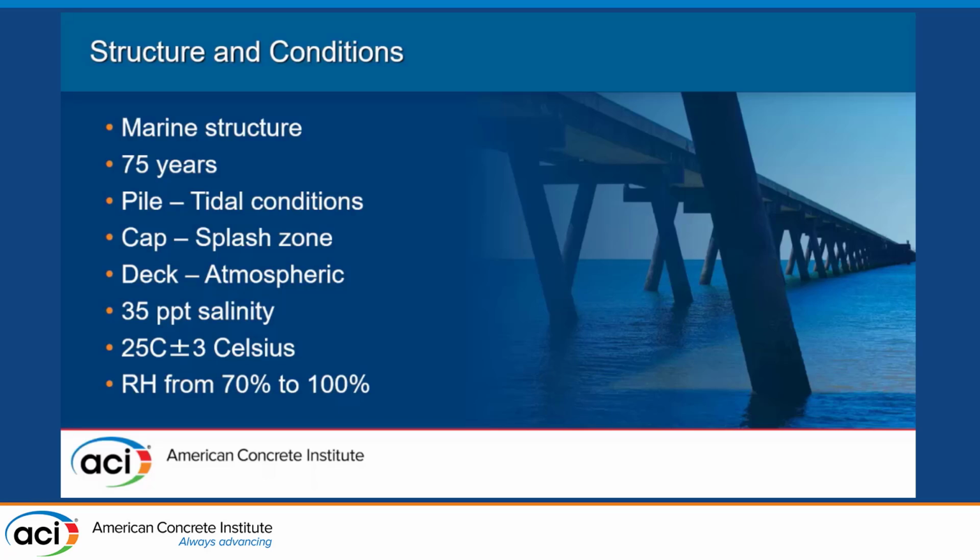This is what you would get in Hawaii, for example. I'm not saying the structure is in Pearl Harbor, but it could be, or it could be elsewhere, with these kinds of conditions. And the relative humidity varies from 70 to 100%. 100% is when it's fully submerged, and 70% is the ambient humidity.